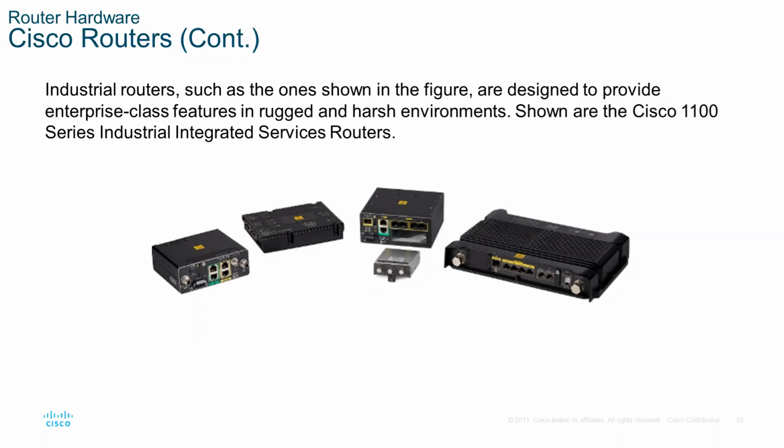So these require a dedicated set of devices specifically designed to be used in these environments, such as mining, out in the environment, in little boxes somewhere. So the Cisco 1100 series of industrial integrated service routers provide solutions for this environment.